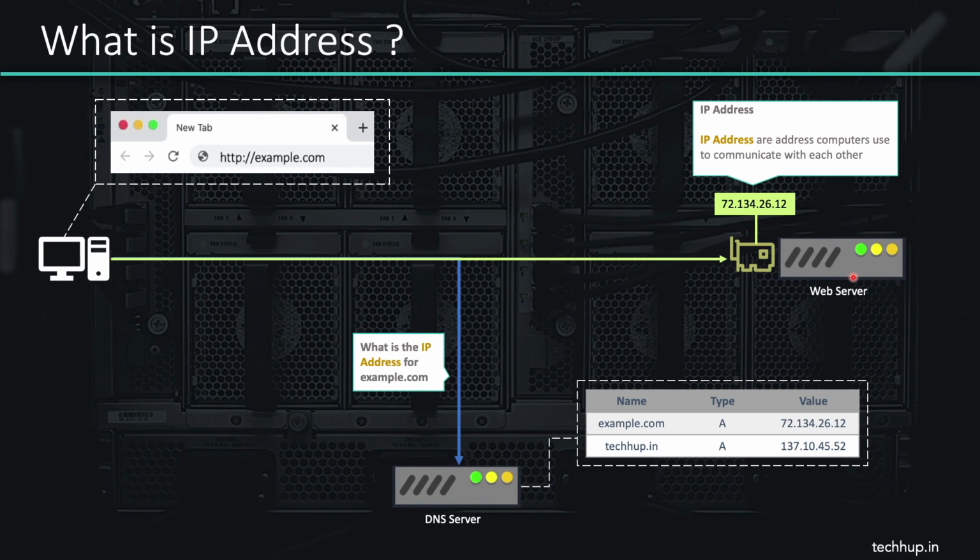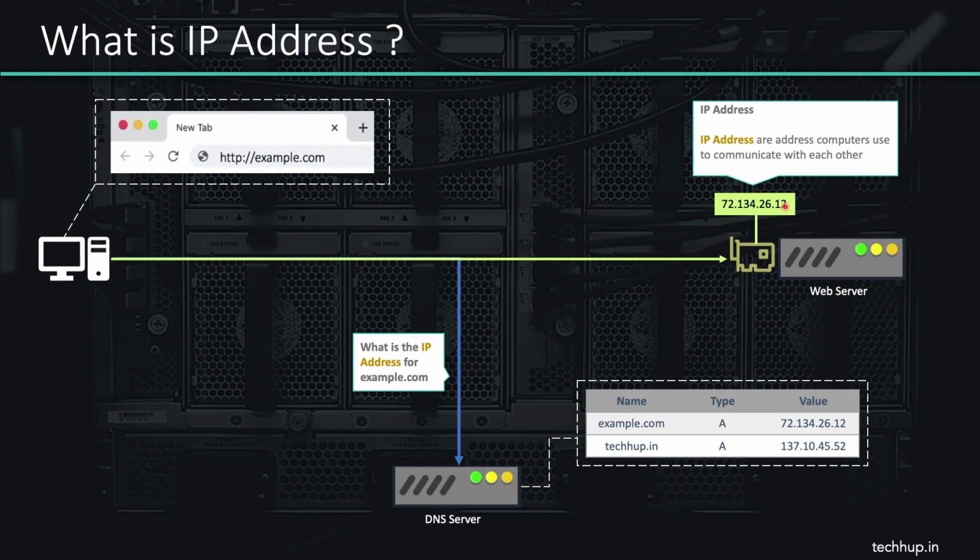And once that response is received by the computer, it would load and display the relevant fetched information on the web page. And this is what is called the domain name resolution, wherein the human readable, easily rememberable address of your web server is resolving to an IP address, which is a much more difficult to remember format.